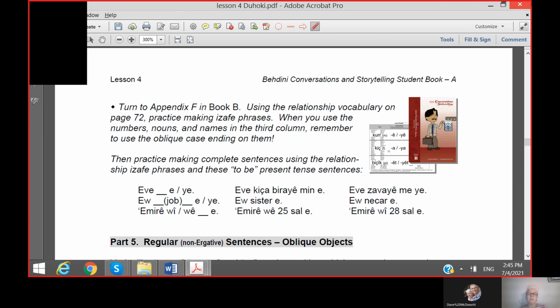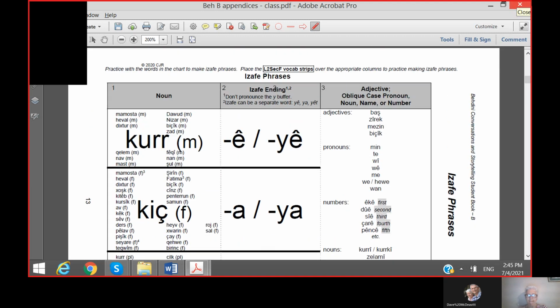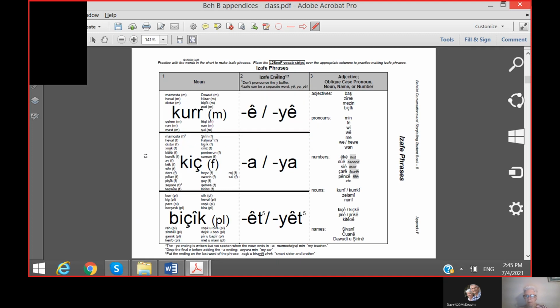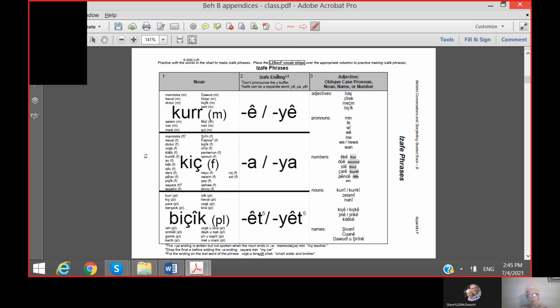And practice making izafe phrases. So what does Appendix F look like? Appendix F on page 12 in Book B. It gives you some examples. On page 13, it gives you the chart.